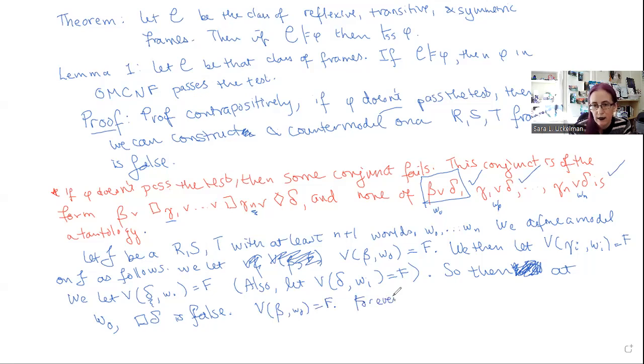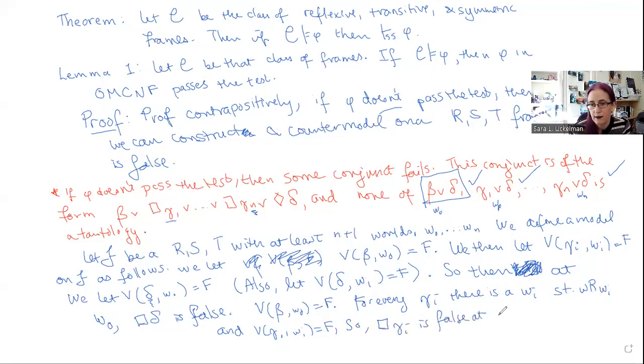For every gamma I, there is a Wi such that W sees Wi. Remember, reflexive, symmetric, and transitive, they can all see each other. And the value of gamma I at Wi is false. So as I just said, necessarily gamma I is false at W for each gamma I.